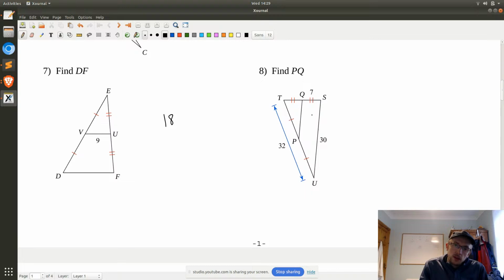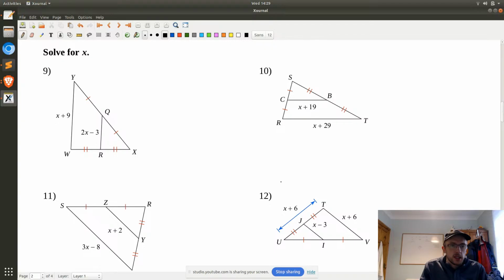Okay, well, shouldn't PQ just simply be 15? I'm actually perplexed by that, why they're asking that. Should be 15, right? And it is, and that's all good.